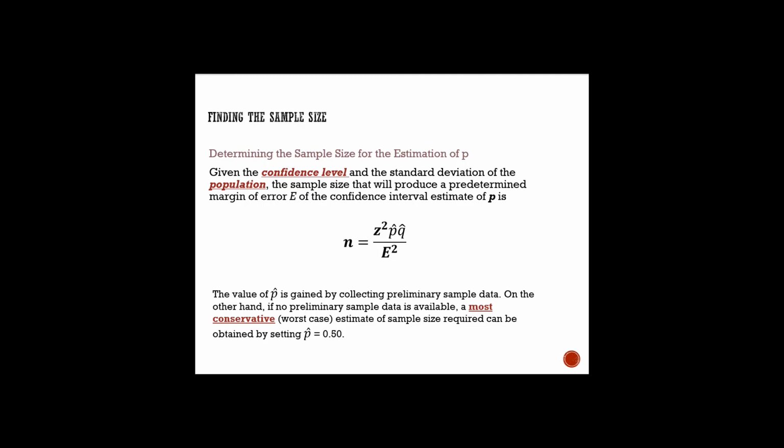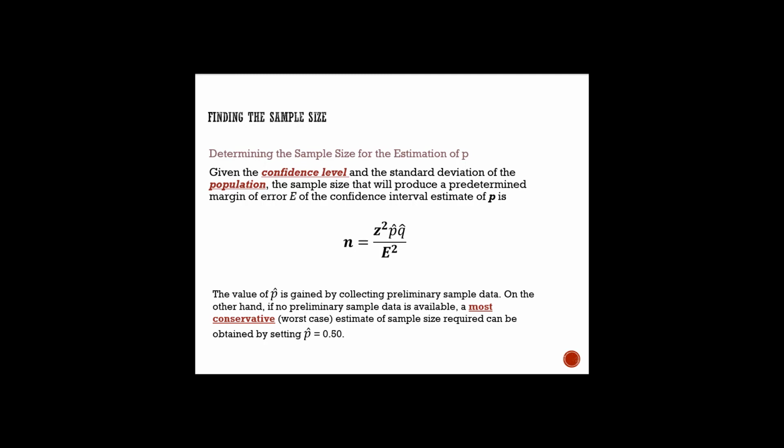It's going to be the z-score squared times p hat times q hat divided by that margin of error squared. Remember our old, when we were looking at the sample size for estimating the mean, it was the z squared times the standard deviation squared. Well, instead of the standard deviation squared, we're using p hat times q hat to do this.